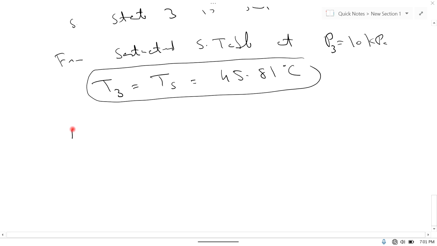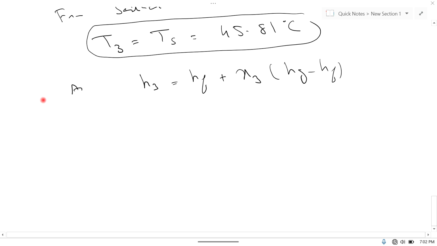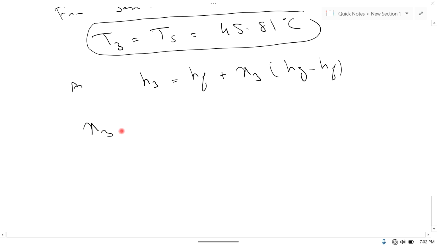We know that H3 is equal to Hf plus x3 times (Hg minus Hf). Rearranging this equation, x3 is equal to (H3 minus Hf) divided by (Hg minus Hf).